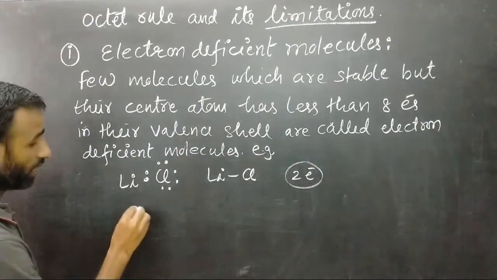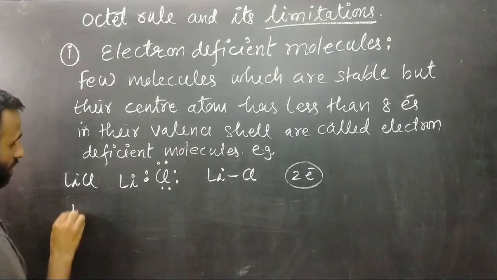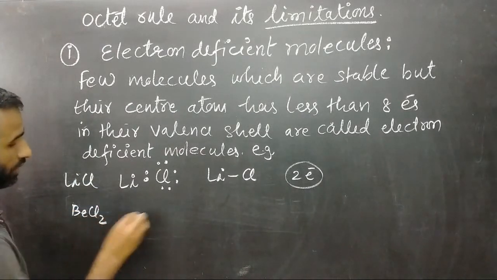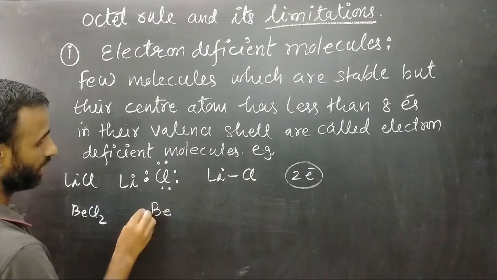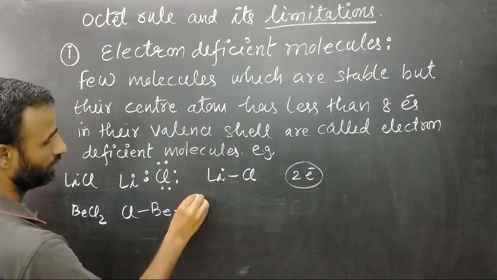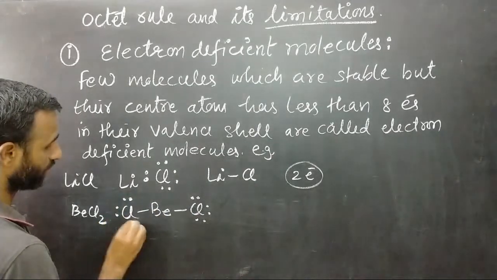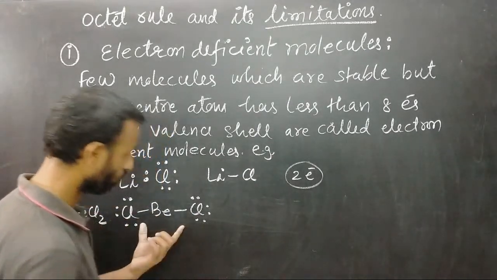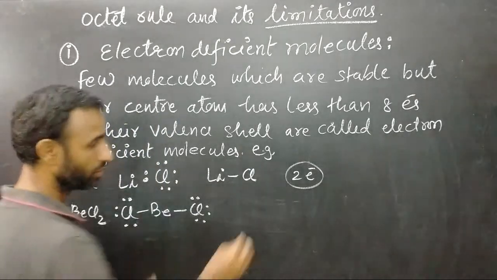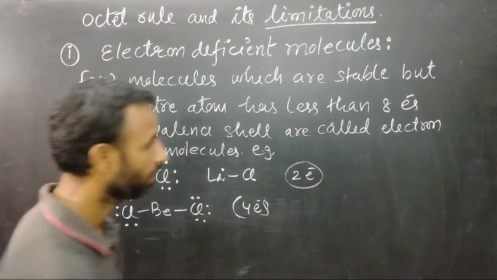Okay, beryllium chloride. In beryllium chloride, beryllium has 4 electrons in its valence shell, 2 of its own and 2 shared with 2 chlorines. So it has only 4 electrons, but BeCl2 is stable.